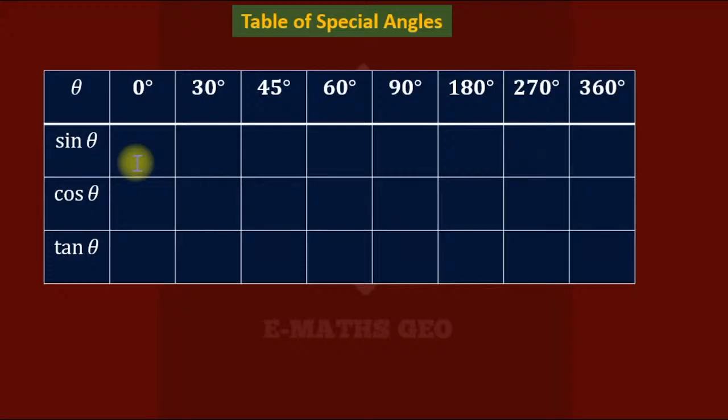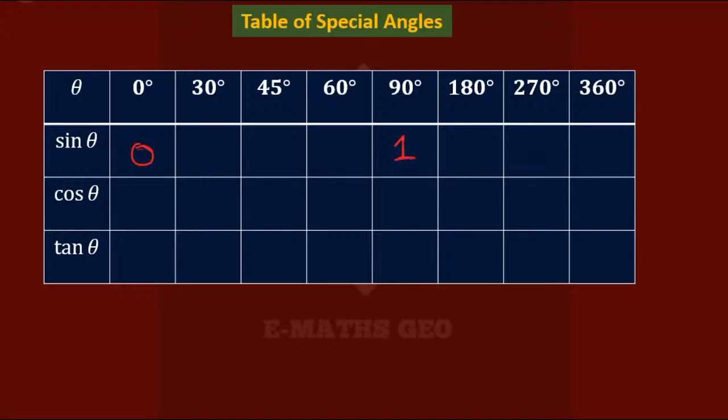The sine of any angle is between minus 1 and 1. So the maximum is 1, which is at 90. For now, we'll know from 0 to 90 with a pattern. Starting from 0, sine 0 is 0, and at 90 the maximum is 1.